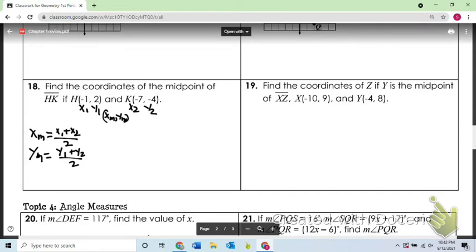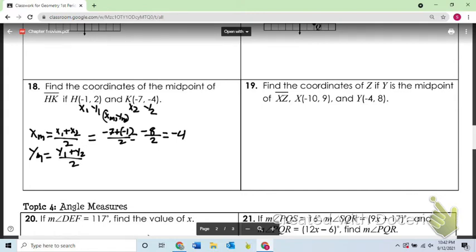So I know that x1 is negative 1 and x2 is negative 7. So I add those two up, divide by 2. Negative 7 plus a negative 1 is a negative 8. Negative 8 divided by 2 is negative 4.